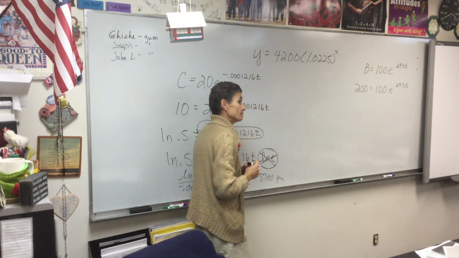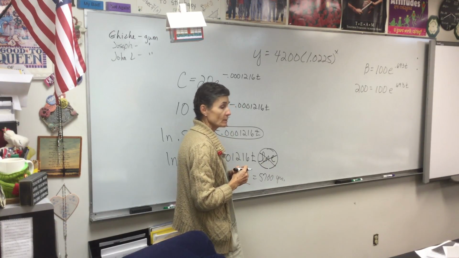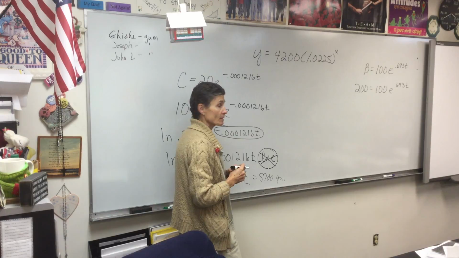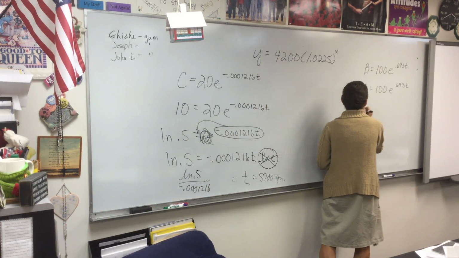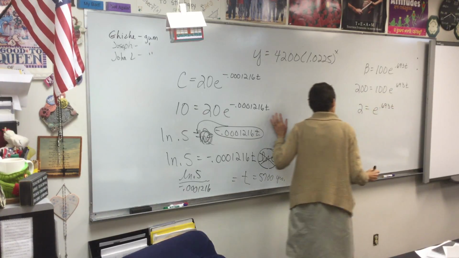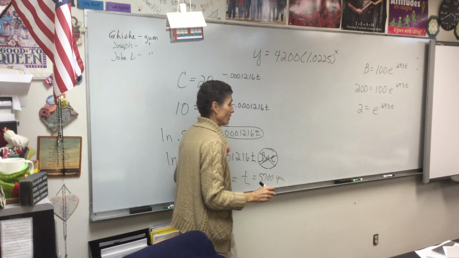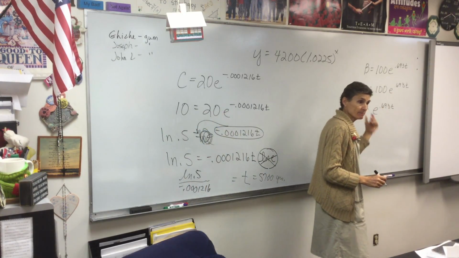Step 1. Uh-oh, what's step 1 always? Divide. Always divide. So we get 2. So this problem we just did over here, we were doing half-life. Now we're doing doubling time, right? Basically, we're doubling it.